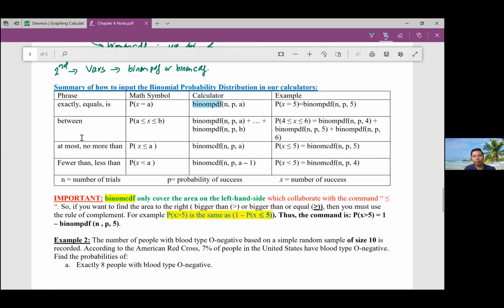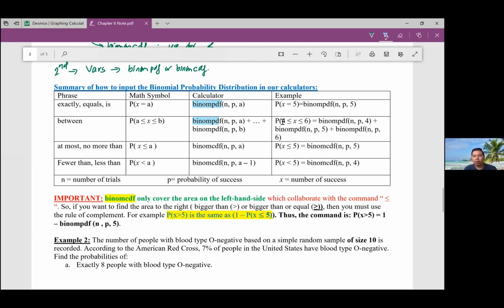Now, in between, probability of A less than X less than B. Here we're going to do binom PDF of A, binom PDF of A plus 1, binom PDF of A plus 2, until you go all the way to B. Because we have to go from A to B, you have to go one at a time, and the only option we're going to use is PDF, one at a time.